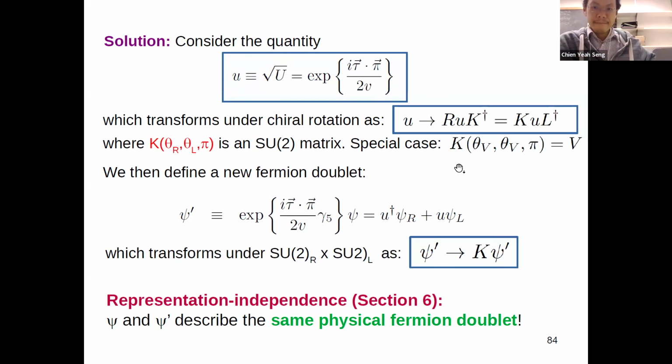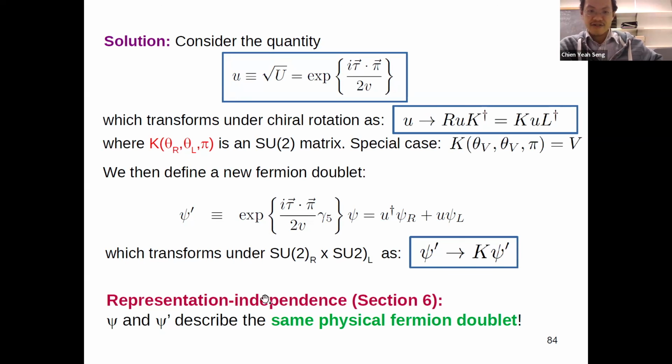And it turns out that if you redefine the fermion field like this, which involves the multiplication of u and u dagger into the left and right components, respectively, then this newly defined psi prime will transform simply like K times psi prime under the chiral transformation.